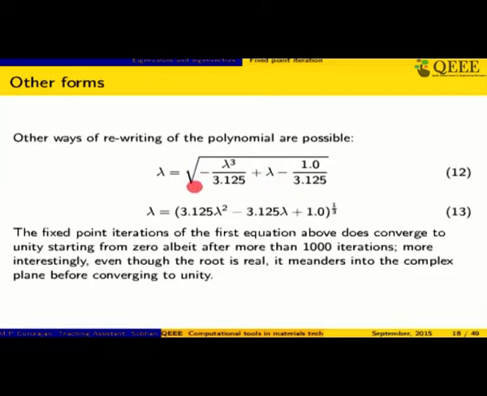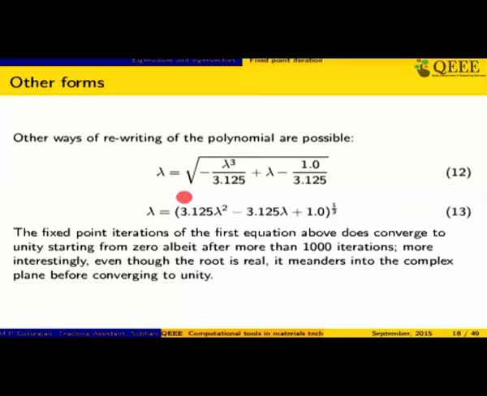So this is a pure real calculation, but sometimes the quantity inside this root will become negative. So the lambda will turn out to be a complex number. So it converges to 1, which is on the real line, but it converges through the complex space, okay.